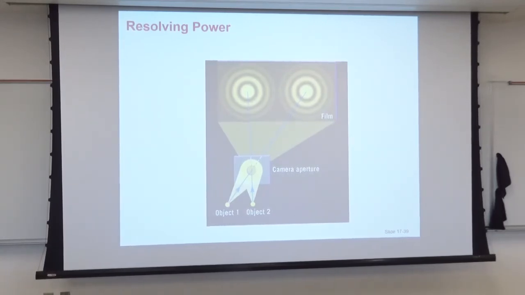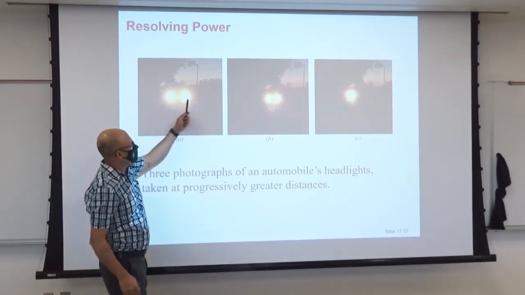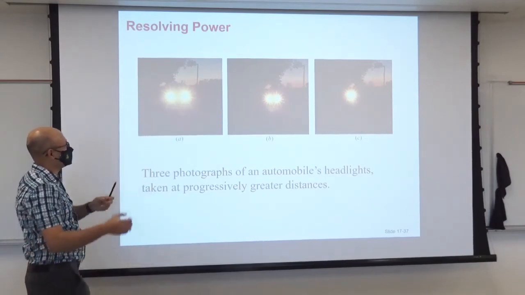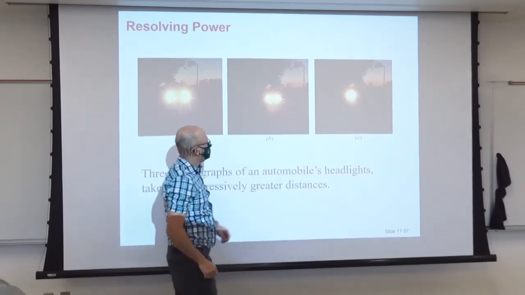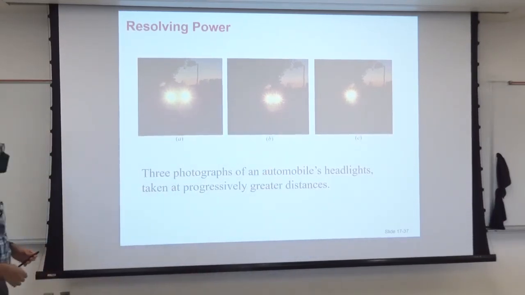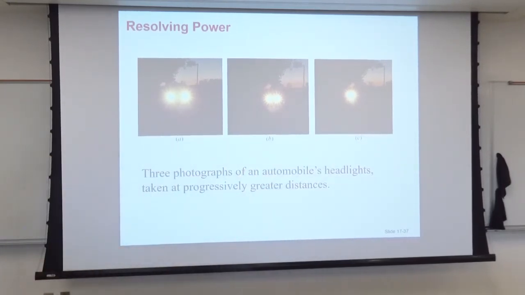When we see multiple light sources, like in this case, headlights from a car, as the car goes far away from you, the light images get closer and closer. And at some point, they overlap, and then you cannot resolve the light into 2. So it becomes a single image. It's not possible to resolve.